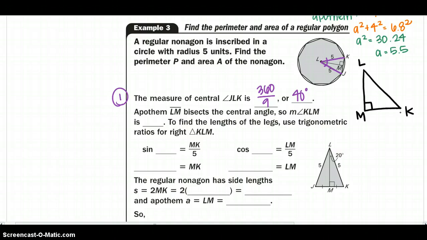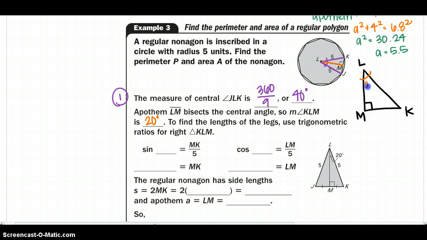And we know that the apothem, LM, bisects the central angle. So I have created that KLM on the outside, so half of our central angle would be 20 degrees.